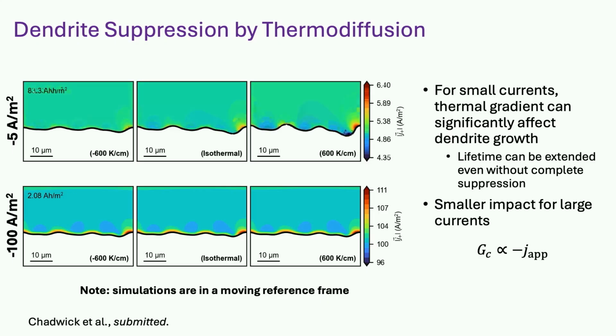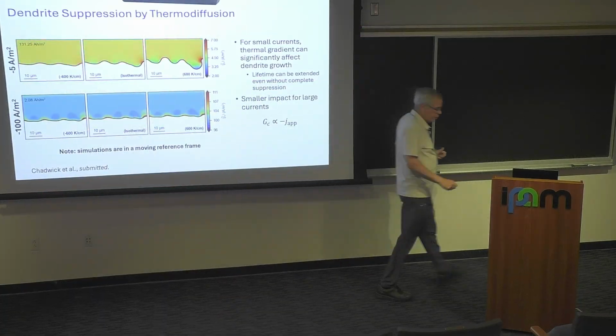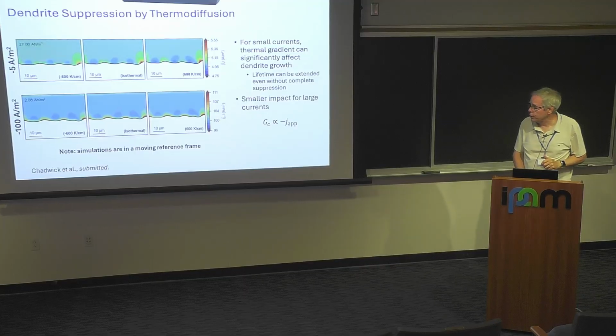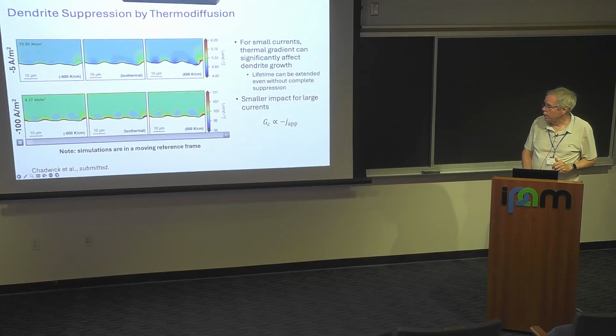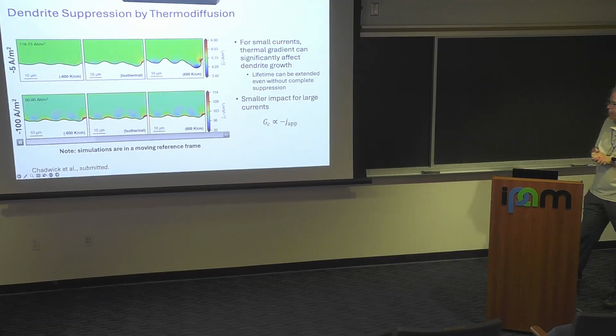You get very, very deep grooves, very, very sharp peaks that are bigger than what you see in the isothermal case. But if the temperature gradient's reversed, you can see that the amplitudes of the perturbations don't change very much at all. And they do not develop like you would have in the positive case. If you charge faster, in other words, if you had a still larger current, you get something that looks like this.